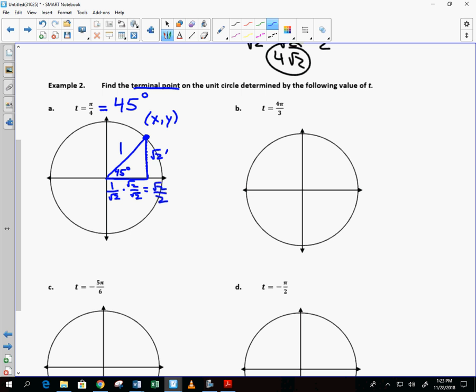It's the same thing. Okay with that? So the question is, what is the x-coordinate? What is the y-coordinate? The x-coordinate is the length that I go in this direction, which is root of 2 over 2. And the y-coordinate is this direction, root of 2 over 2. That's my coordinate.